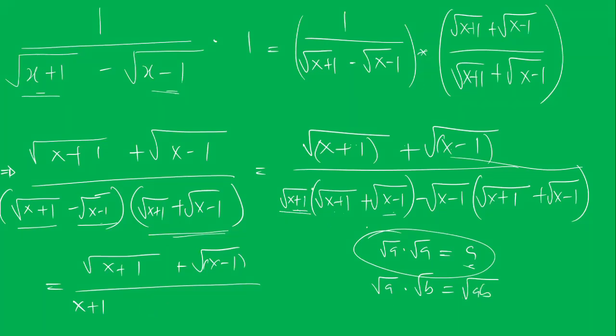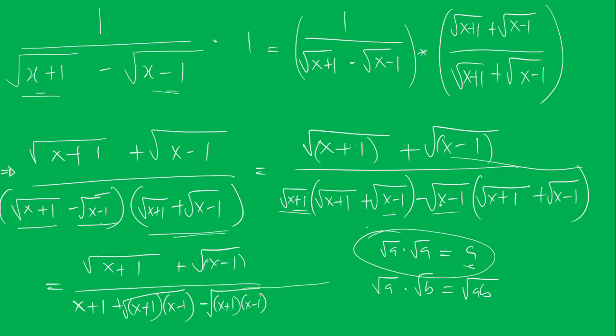So the square root of x plus 1 times the square root of x minus 1 will give you plus the square root of x plus 1, bracket open and close bracket open x minus 1. So that is it. Then this will now give you minus the square root of x minus 1 times the square root of x plus 1, which will give you minus the square root of x plus 1 times x minus 1.